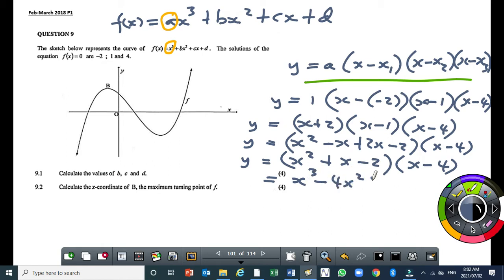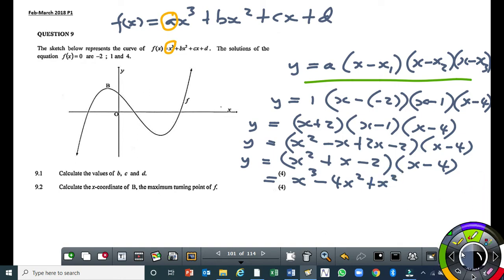Positive x times positive x is x squared. And then x times minus 4 gives us minus 4x. Minus 2 times x gives you minus 2x. Minus 2 times minus 4 gives you positive 8. So if you did the work, you can see whether you did the right thing or not.